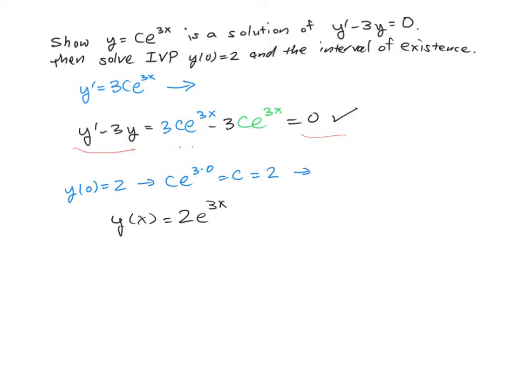For the last part of this now, we're going to go through and state the interval of existence, sometimes abbreviated as just interval of existence like this, or sometimes just IOE if you really want to abbreviate it. And to find this, you want to take a look at your original function, which is above, our 2 times e to the 3x, and ask yourself, when is this function ever undefined or ever not differentiable?